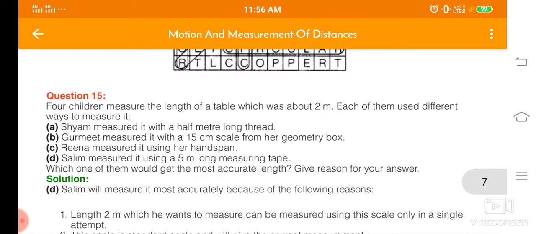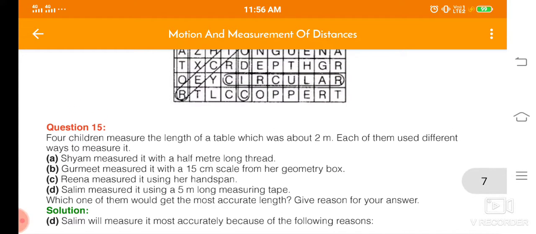Question 15. 4 children measure the length of a table which was about 2 meters. Each of them used different ways to measure it. A. Sam measured it with a half meter long thread.